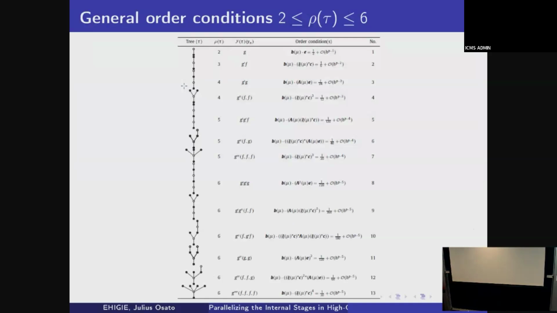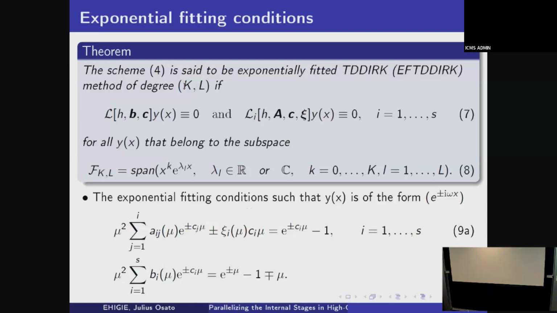So we had to get a bicolored rooted tree, similar to the one in the book of Hairer. We were also able to prove this theorem to give the exponential fitting conditions for methods. The one I put here is just the one that satisfies exponential i omega x, but we can do that for several other subspaces.